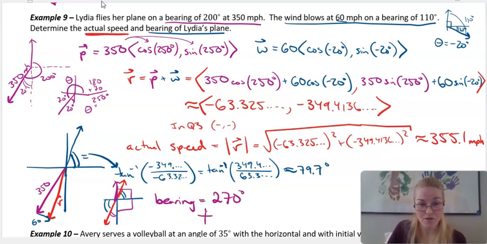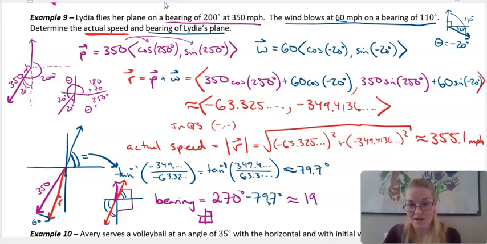I'm going to go the full swoosh, and then I'm going to subtract my blue 79.7 degrees. So my true bearing is approximately, let me make sure there's a nice decimal there, 190.3 degrees. All right? And that's where we'll stop this video.